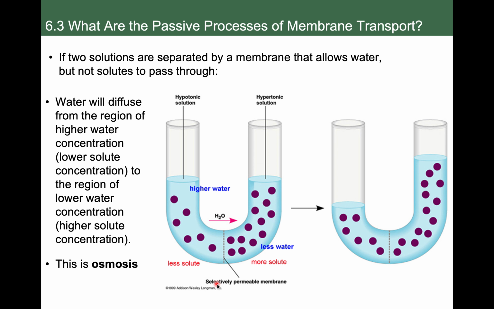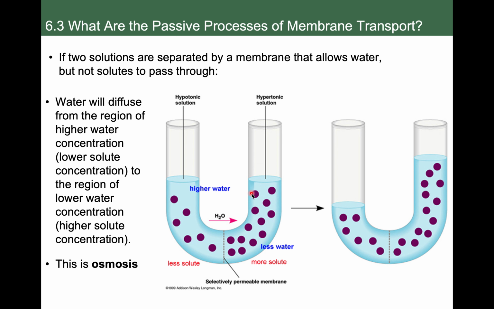And whenever you see problems or questions that deal with osmosis, it can be sort of counterintuitive, because usually instead of talking about the water concentration of solutions, they usually talk about the concentration of something that's dissolved in the water, right? A solute.